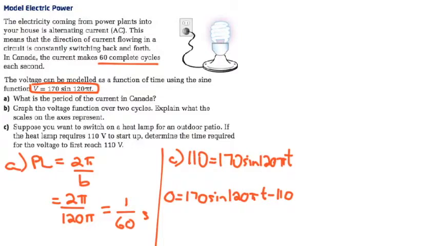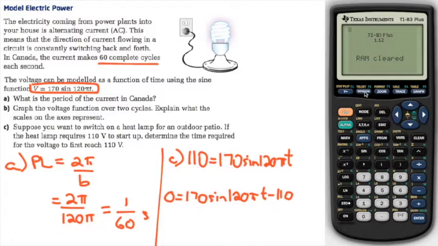And we can go to the calculator now. Change our window settings. Since we're in radians, we'll go with 0 and 2 pi. Go to the mode and make sure we're in radians, which we are.